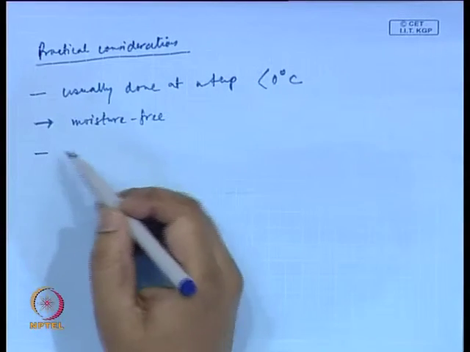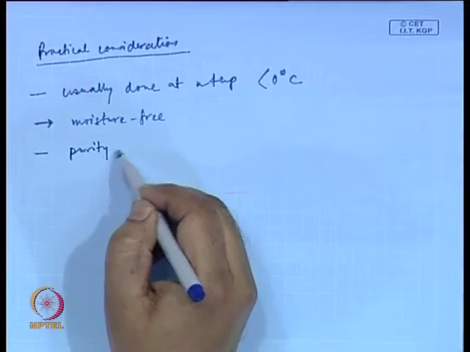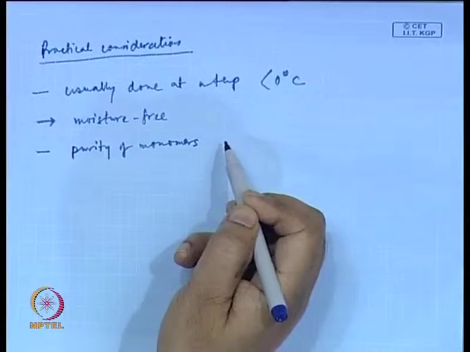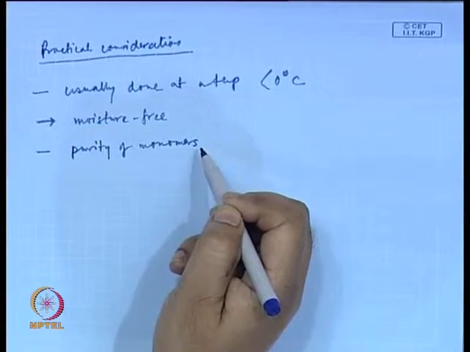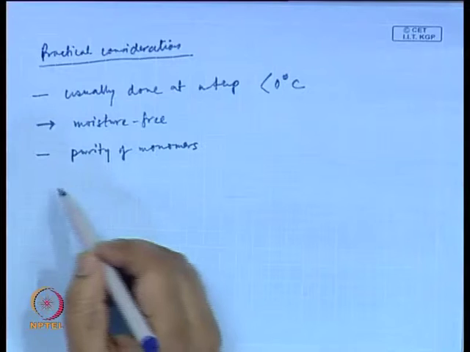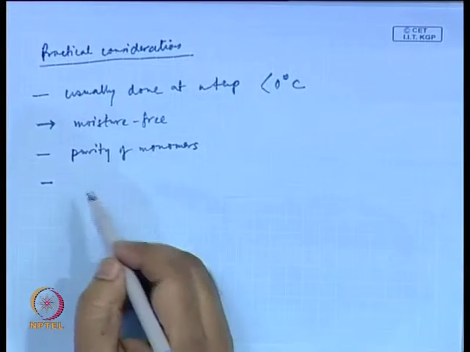And for the same reason, the purity of monomers is very important. If there are impurities which can undergo side reactions or do chain transfer reactions, then the molecular weight buildup is a problem.